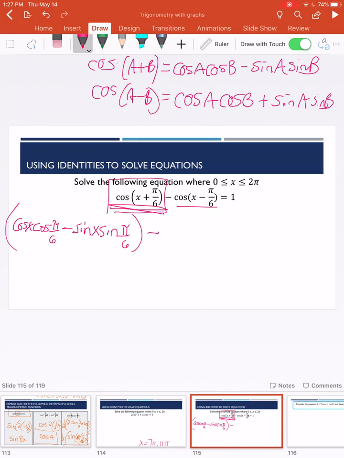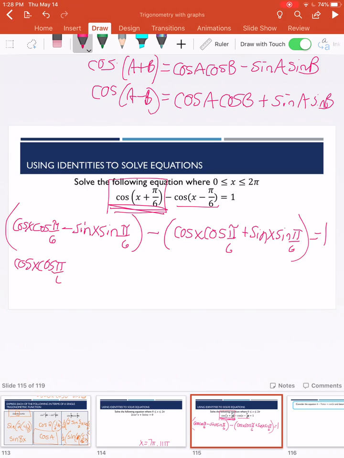Now I'm going to need to use my difference identity. So we have cos x cos pi over 6 plus sine x sine pi over 6. There we go. Now if you distribute that negative, it's going to look like this.